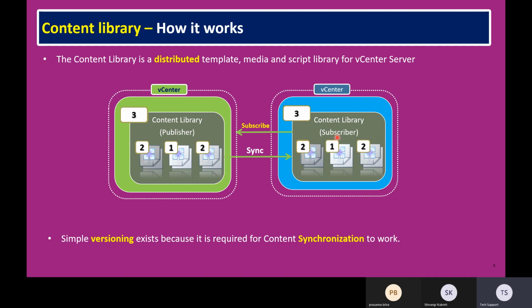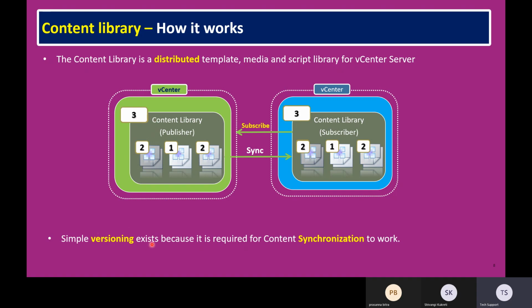So this is a key point in how content libraries work. The same points are highlighted here. The content library is a distributed template, media, and script library for vCenter server. Not only OVF templates and ISO images, you can also copy scripts. Simple versioning exists. Simple versioning means the first version starts with 1, and whenever you make a modification, the version keeps increasing: 1 to 2, 2 to 3, 3 to 4, and so on.